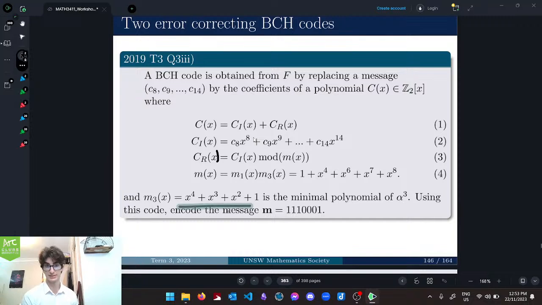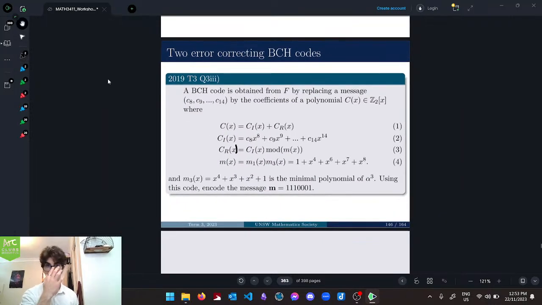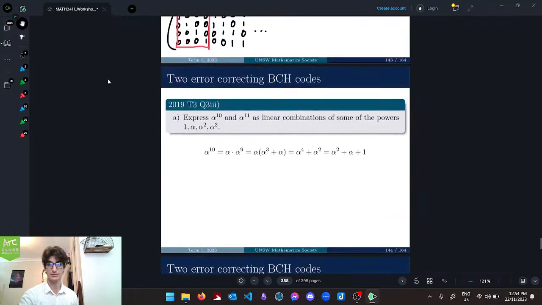M3 of x is x to the 4 plus x cubed plus x squared plus 1, which is the minimal polynomial of alpha cubed. Using this code, encode the message m equals 1110001.